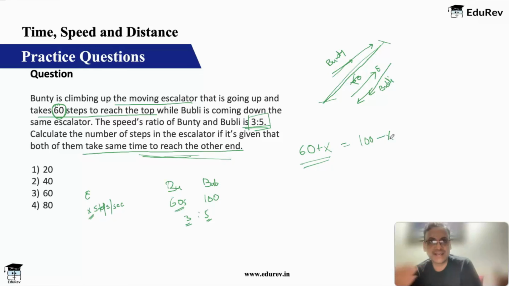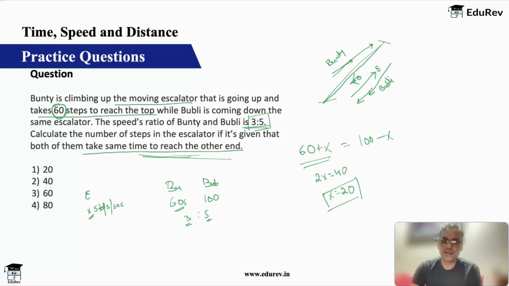So this is the equation that you'll get. 60 plus x is equal to 100 minus x, which tells you that 2x is equal to 40 or x is equal to 20. Escalator basically has moved by 20 steps. So now if you see 20, now Bunty takes 60 steps.